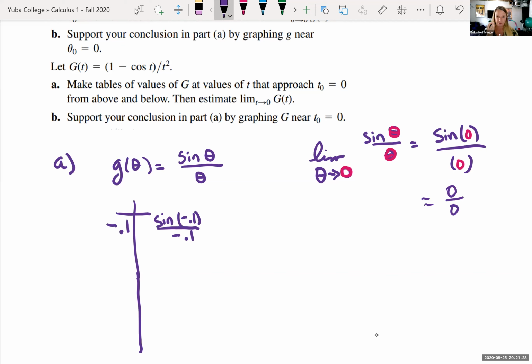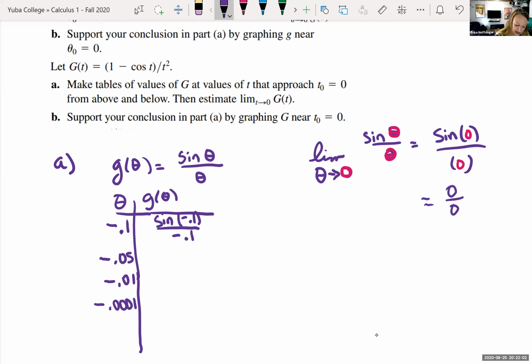I want to plug in a lot of numbers close to 0 on the left, showing that as I get closer and closer to 0 on the left, this y value is getting closer and closer to the same thing. So let's choose another number that's closer than negative 0.1. Okay, so negative 0.05, negative 0.01, negative 0.0001.